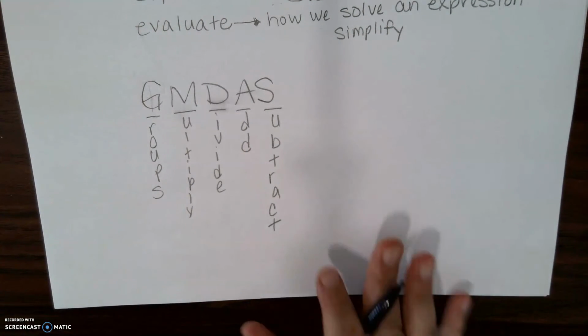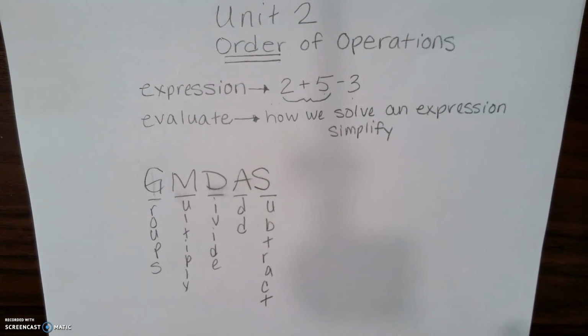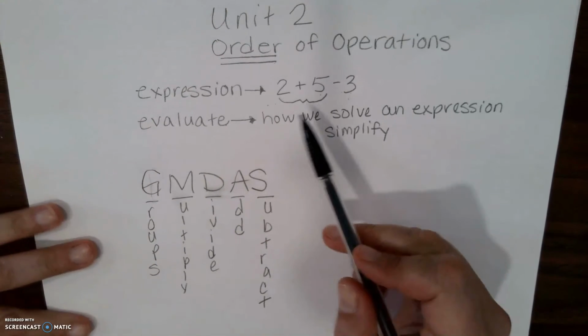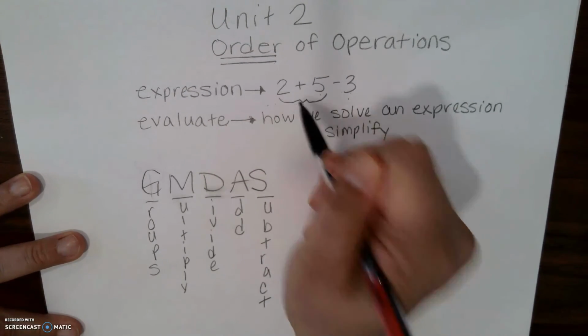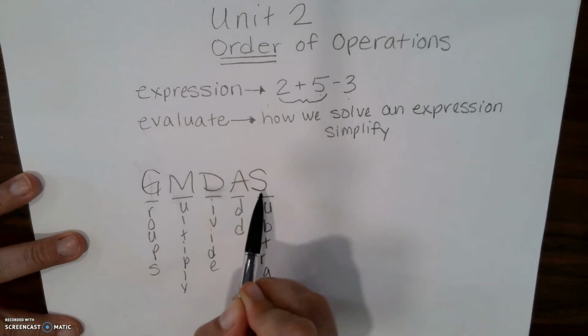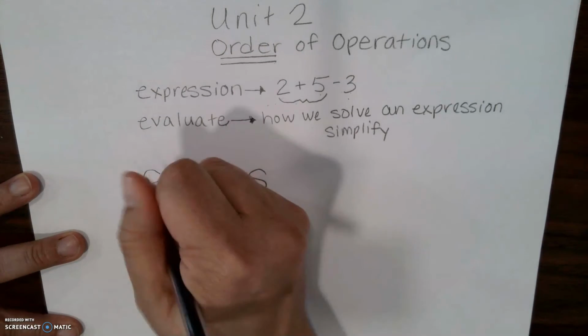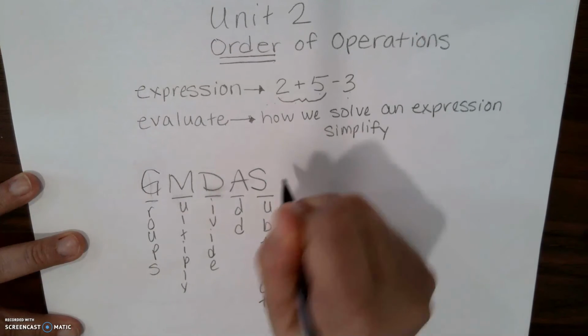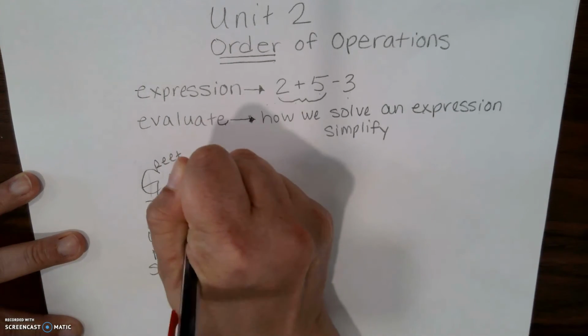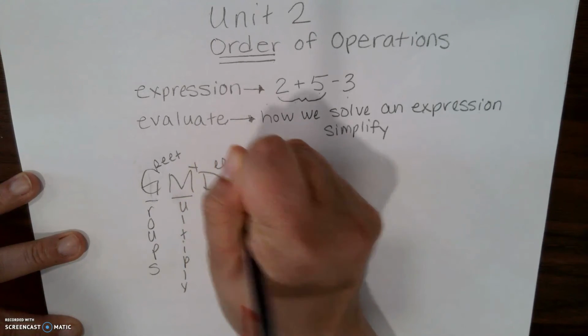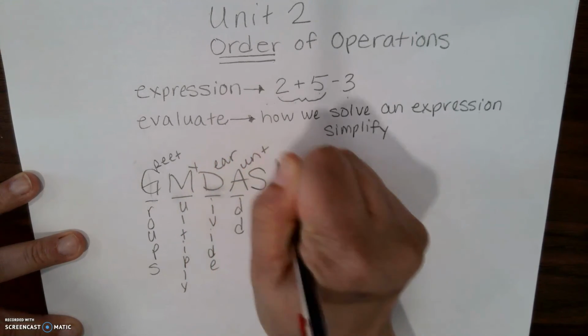Okay? So when we are back to here, we were at the very beginning with evaluating our expression. We can look at GEMDAS here. And so instead of please, my dear Aunt Sally, we can say greet, my dear Aunt Sally.